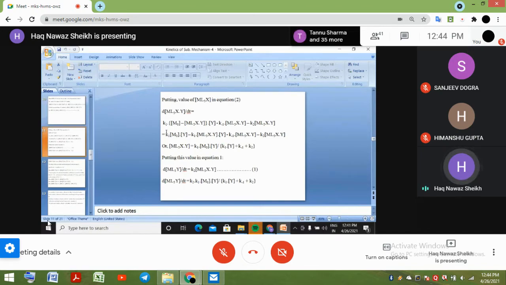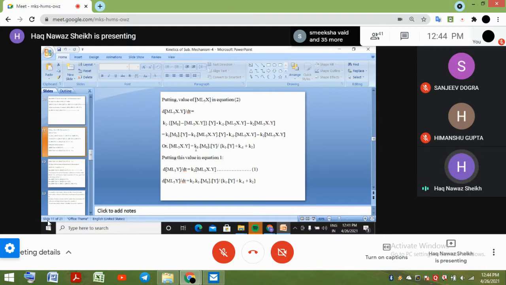So the first term will be K1 M0 into Y, then these two remain the same. Now you open it: K1 M0 Y minus K1 [ML5XY] Y, K minus 1 [ML5XY], and K2 [ML5XY]. So you have [ML5XY] in three terms. You take [ML5XY] common.